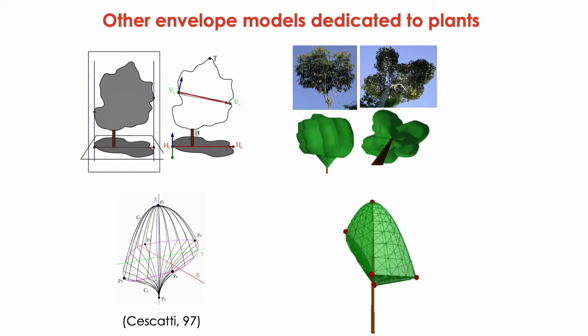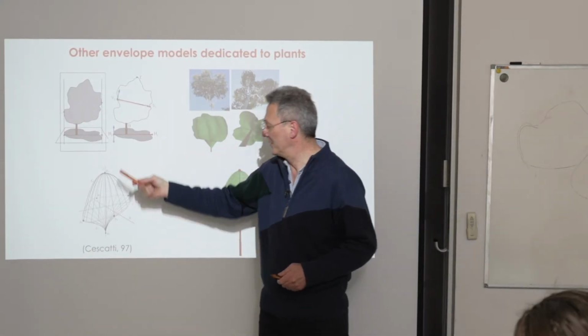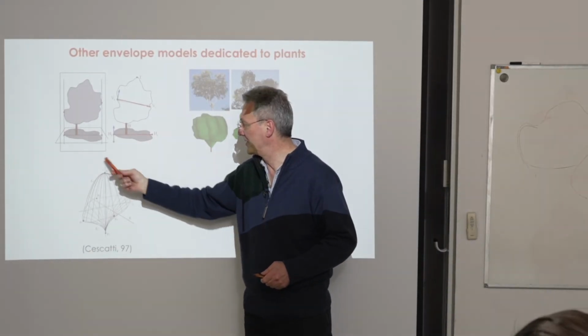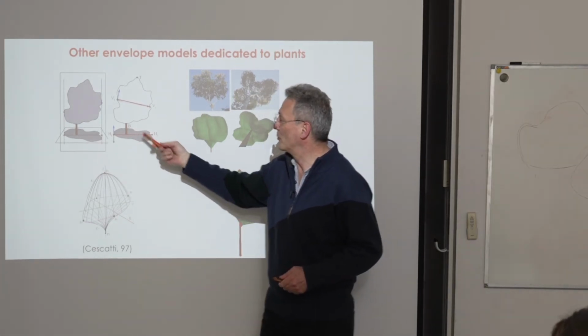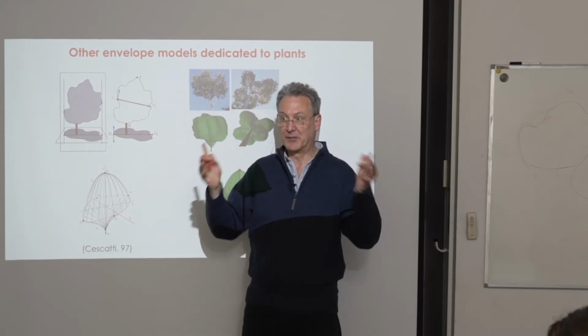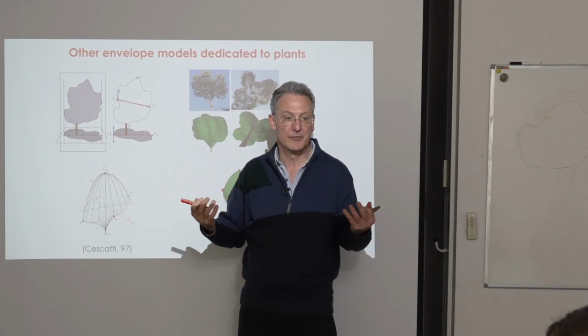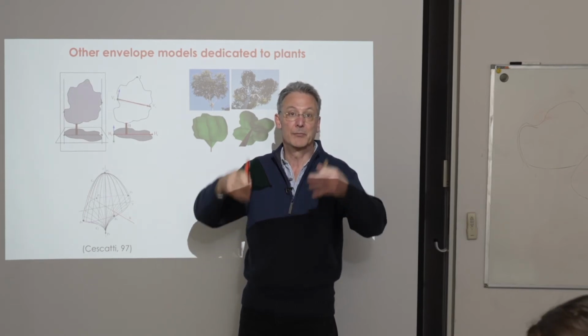Okay, there are other models. I don't go through all of them. What is interesting is that these models have been made by Beardbaum. He proposed a way of measuring a plant in the field, because how do you get the crown of a plant? It's almost all the time quite impossible because the plant is big.